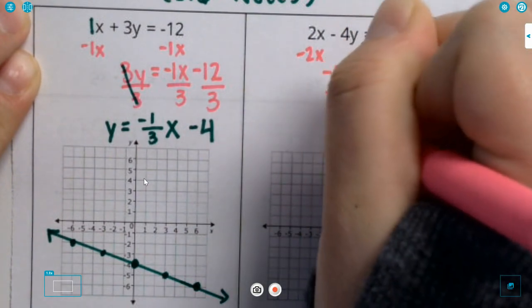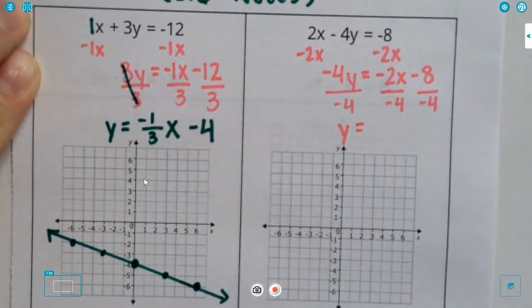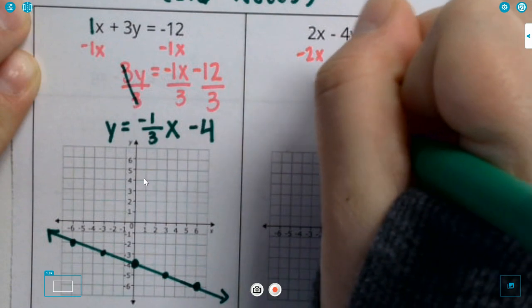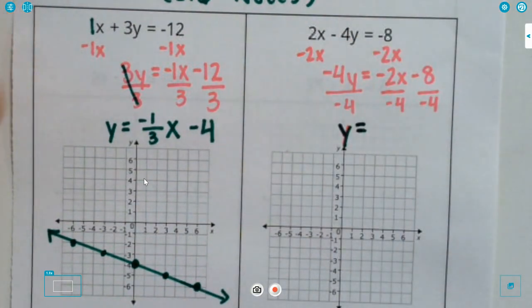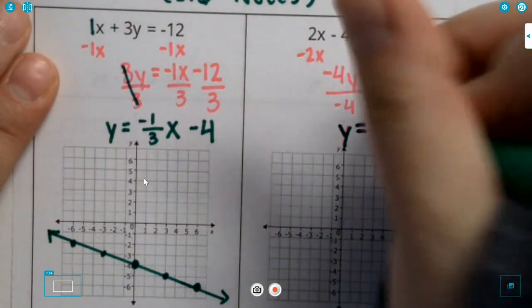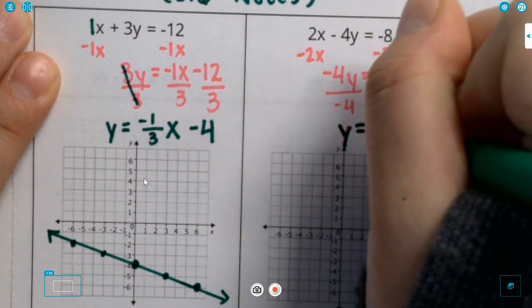We get y equals. Okay, negative 2 over negative 4. First of all, what happens to the negative over negative? Becomes positive. And then 2 over 4, what can we reduce 2 over 4 to? 1/2. Okay, so we can just change this to 1/2 x.